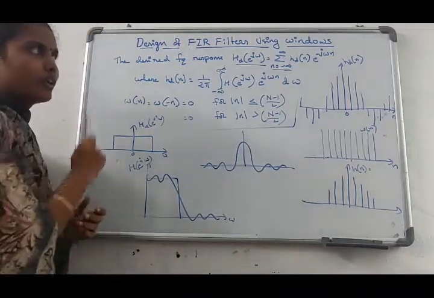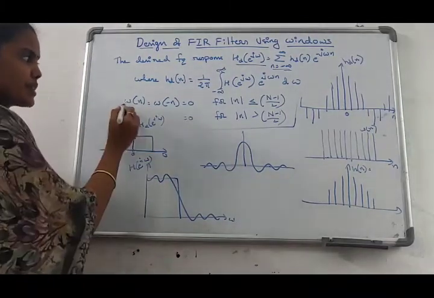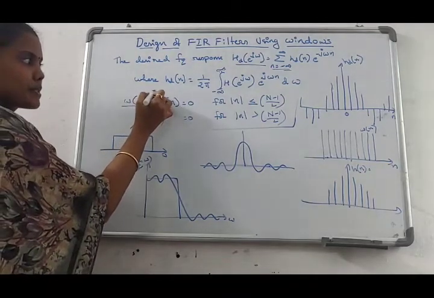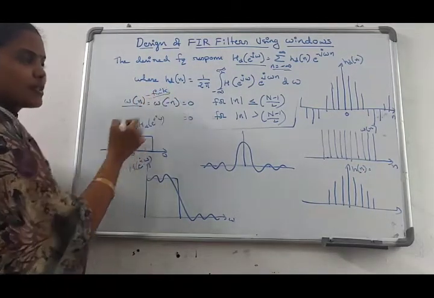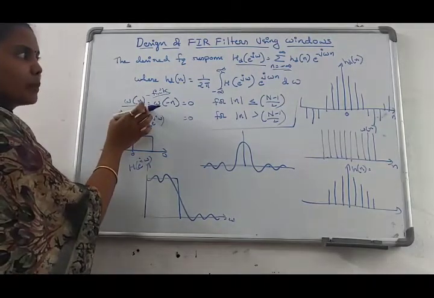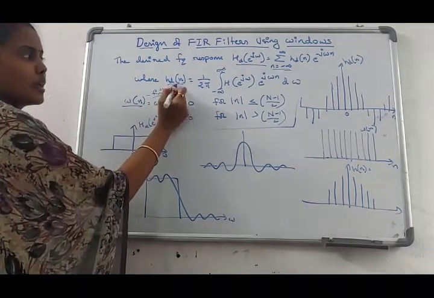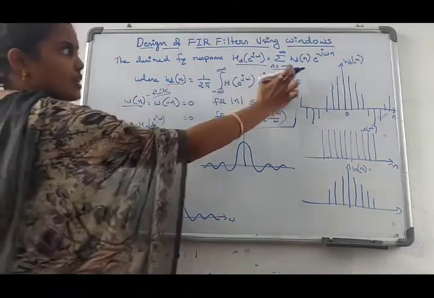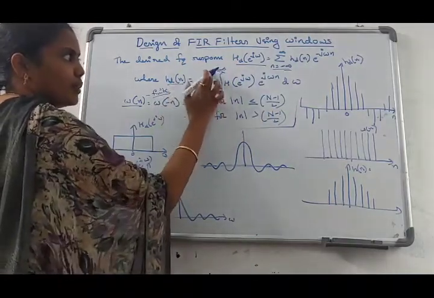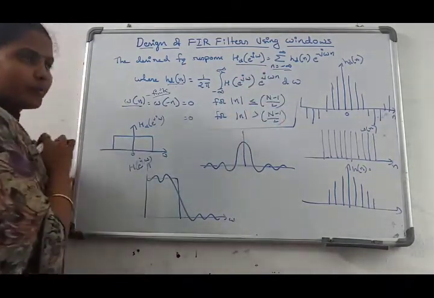In order to avoid that, we have to use a window, represented as w of n, which has a finite impulse response, or finite values. These values you have to multiply with hd of n. Hd of n is nothing but the Fourier coefficient. In this equation, hd of n is equal to 1 by 2 pi times the integral from minus infinity to infinity of hd of e power j omega into d omega.